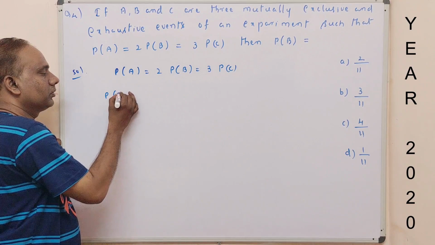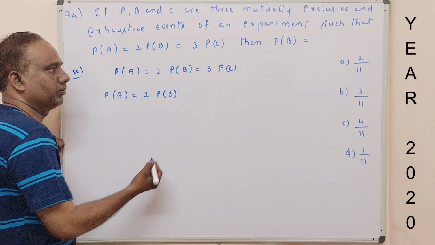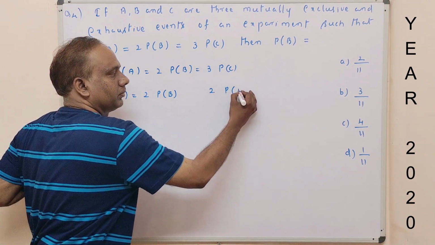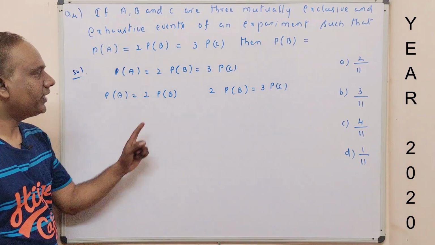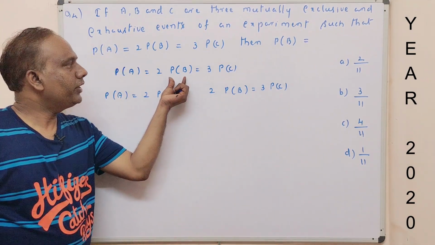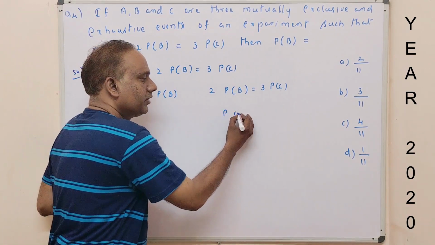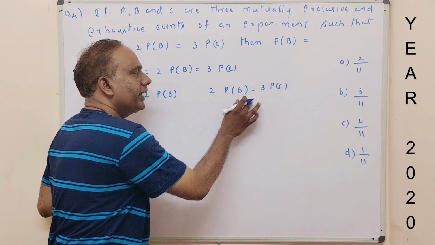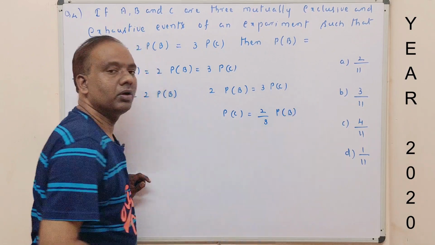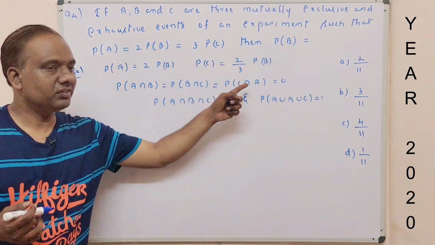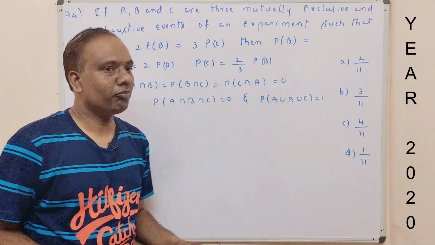So that means P of A is equal to 2 into P of B. 2 into P of B is equal to 3 into P of C. Now here P of C is equal to 3, you take left side. You can write 2 by 3 into P of B. So this is already we get the answer. Now we can calculate P of B here.